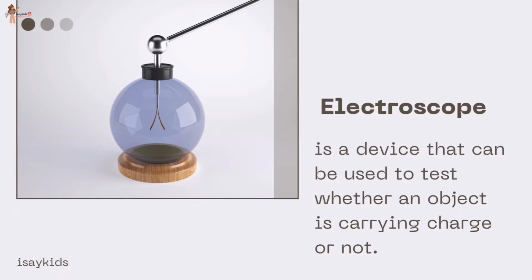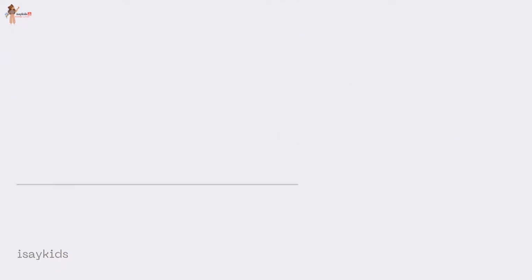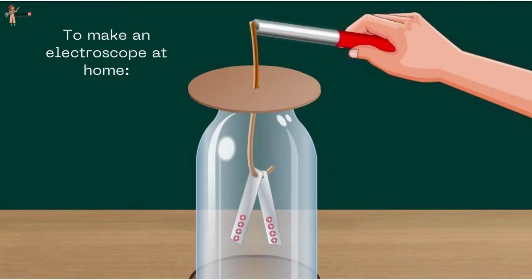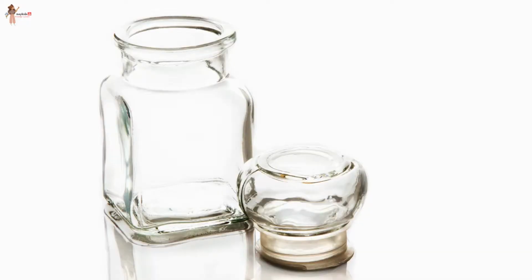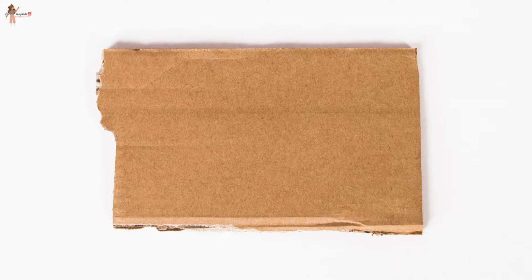An electroscope is a device that can be used to test whether an object is carrying charge or not. To make an electroscope at home, take an empty glass bottle. Take a piece of cardboard slightly bigger in size than the mouth of the bottle.